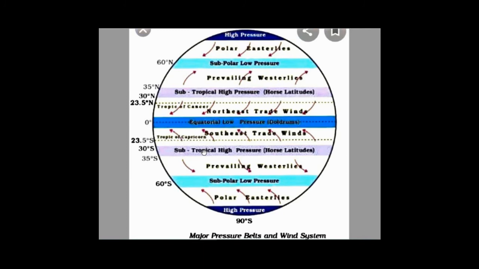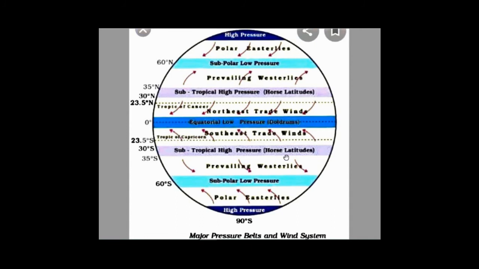Here also horizontal movement is absent. So again this belt is known as the belt of calms or horse latitudes.